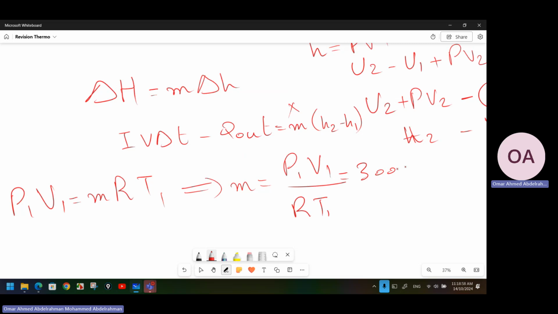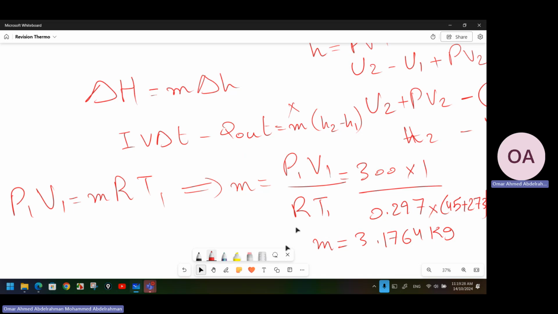And the volume is 1. R is 0.297. And T1, you have to put it in Kelvin. Do not forget to put it in Kelvin. So it will be 45 plus 273. Then you can get the mass. The value of the mass will be 3.1764 kilogram.